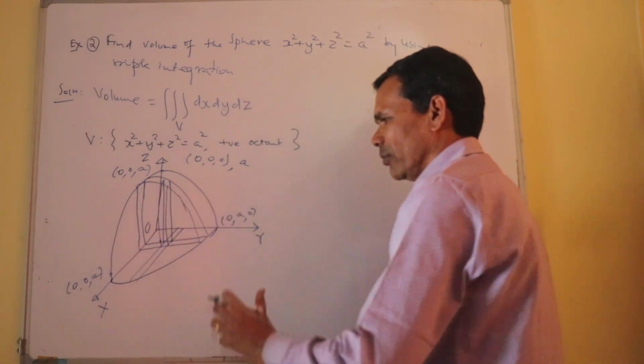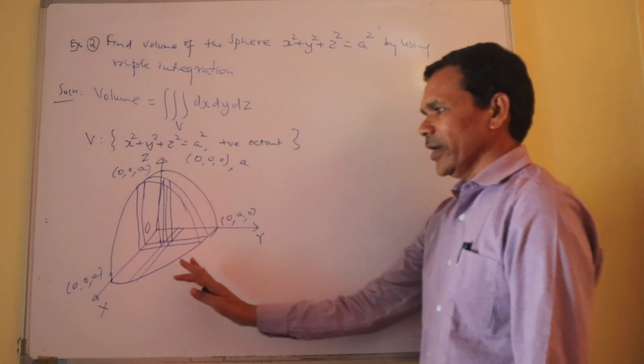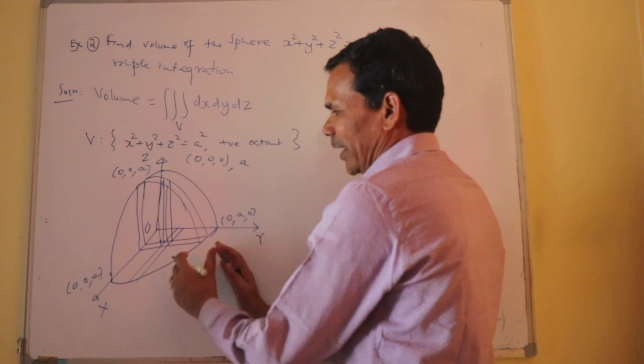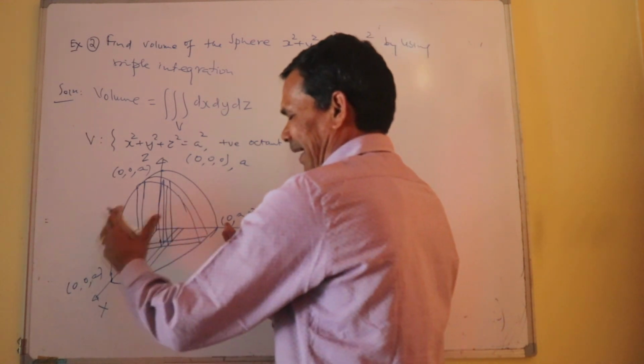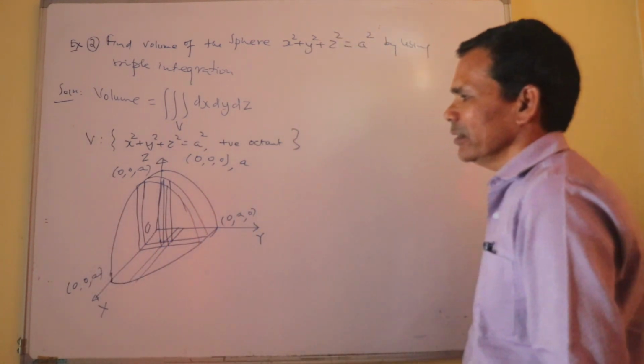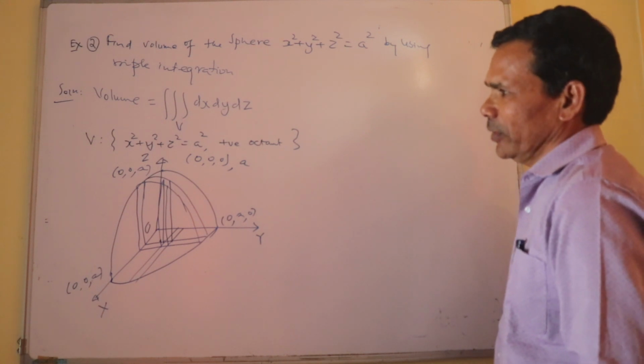So this is an octant of the sphere. We just try to find the volume of this, and we multiply it 8 times, and you get the required volume of the sphere.